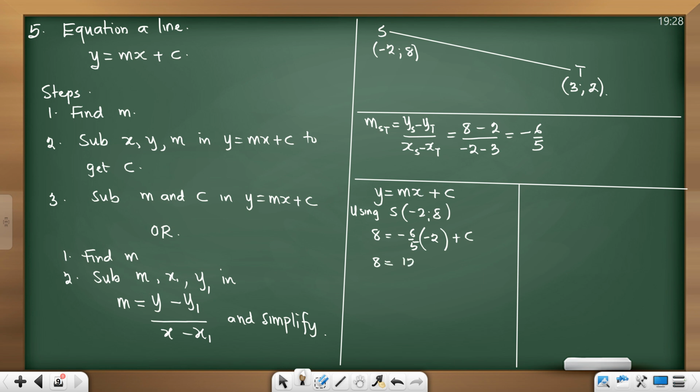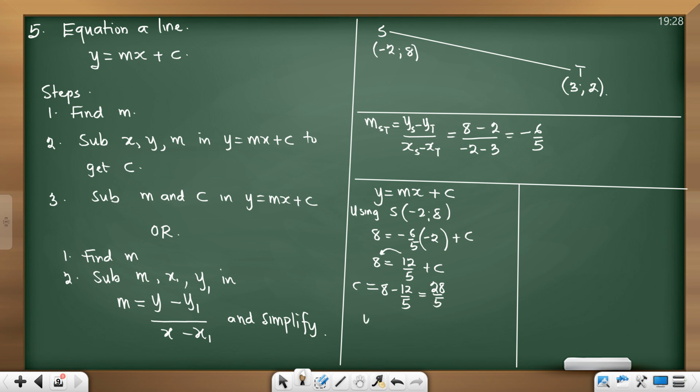That will give us 12 over 5 plus c. Move that there. So c equals to what? 8 minus 12 over 5. And what would that give us? What is 40 minus 12? 28 over 5. Confirm for me. 28/5. Thank you for those that confirmed.